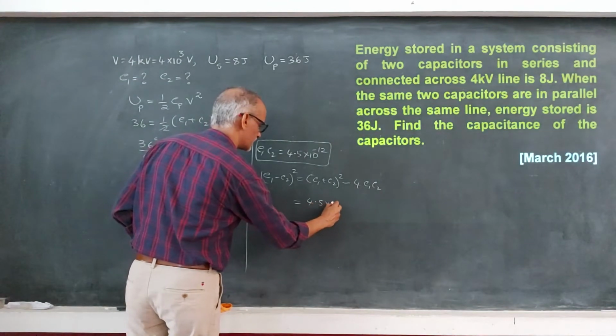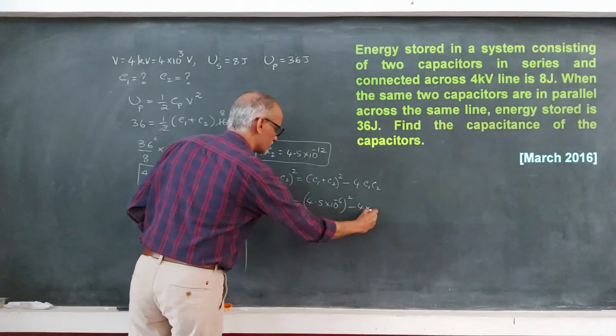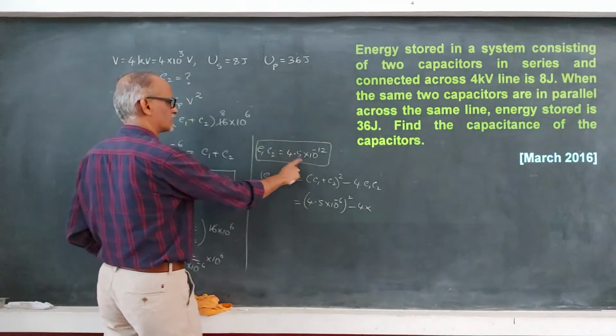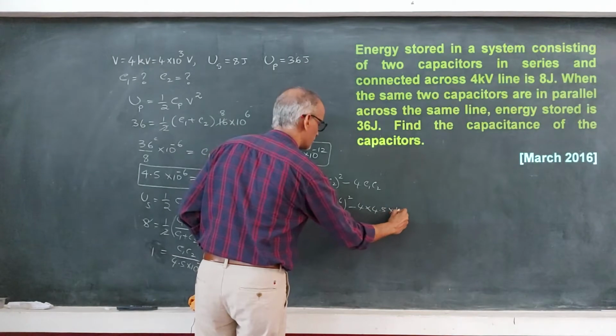4.5 into 10 to the power minus 6 the whole square minus 4 into C1 into C2 is here, 4.5 into 10 to the power minus 12.